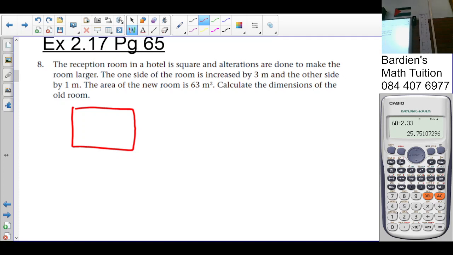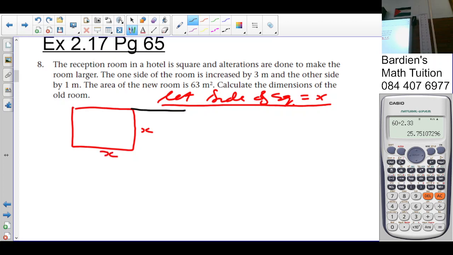So here we say let the side of the square equal x. So it's x and x. The one side is increased by 3 meters and the other side is increased by 1 meter. So that's what you have now. The question says the area of the new room, so area 1 is unknown, which is x squared, x by x.